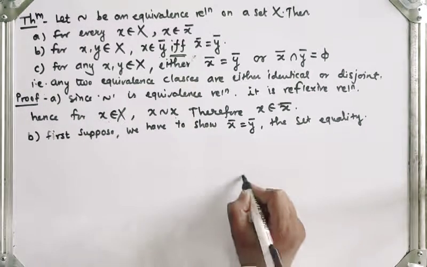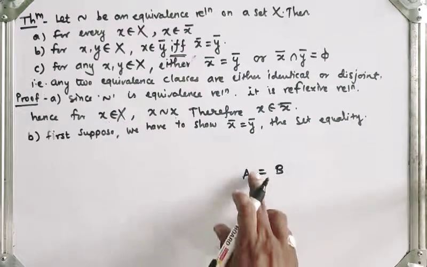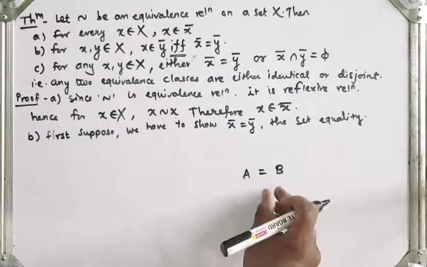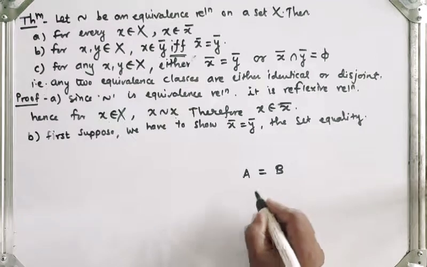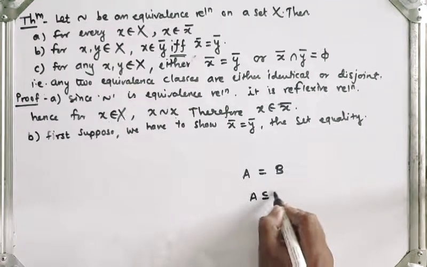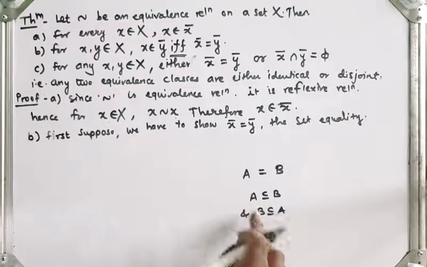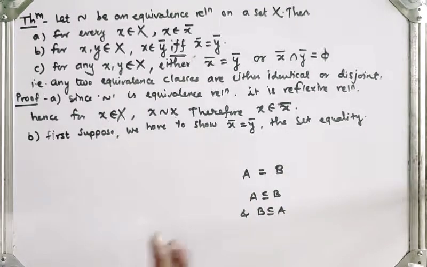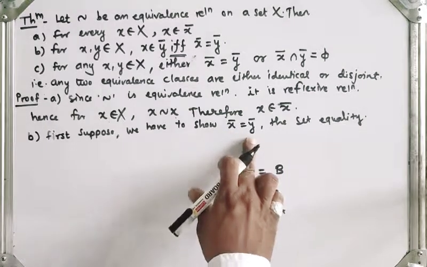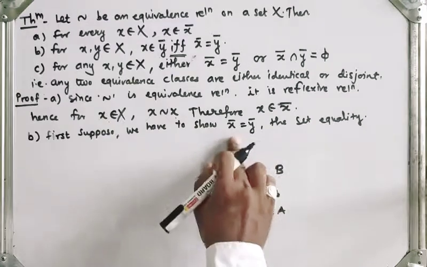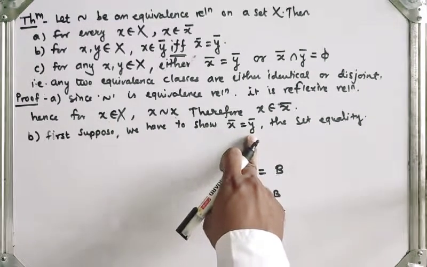Suppose I have sets A and B. We have seen the equality of two sets. When we say that two sets are equal, if A is a subset of B and B is a subset of A, then these two sets are said to be equal. It means we have to show that here x bar is a subset of y bar and y bar is a subset of x bar, and then we say that these two sets are equal, meaning the equivalence class of x is the same as the equivalence class of y.